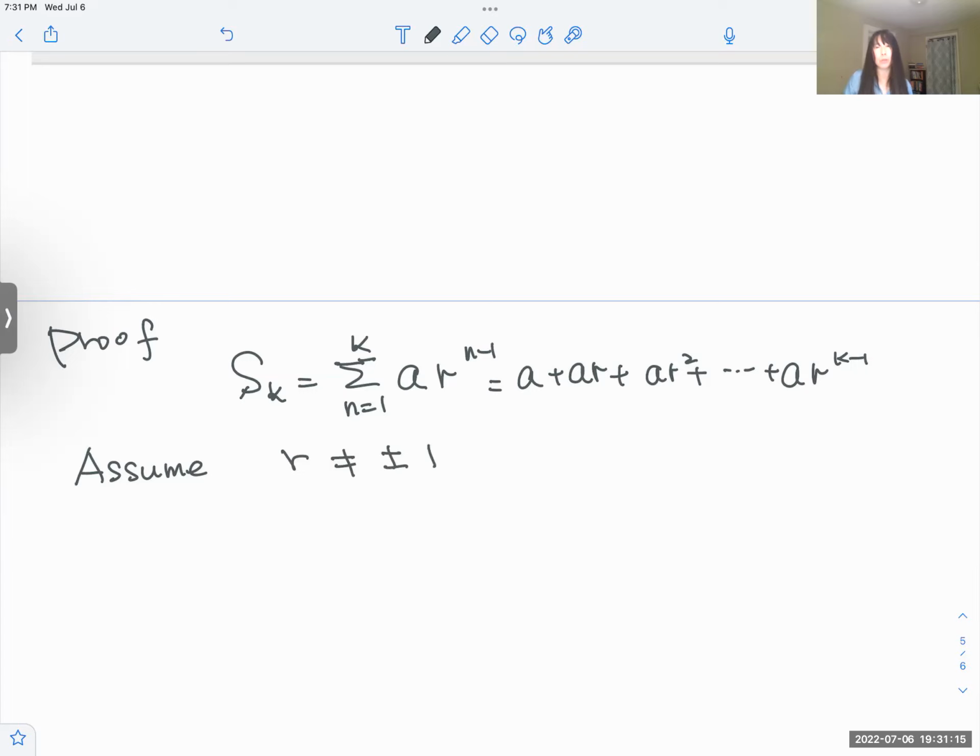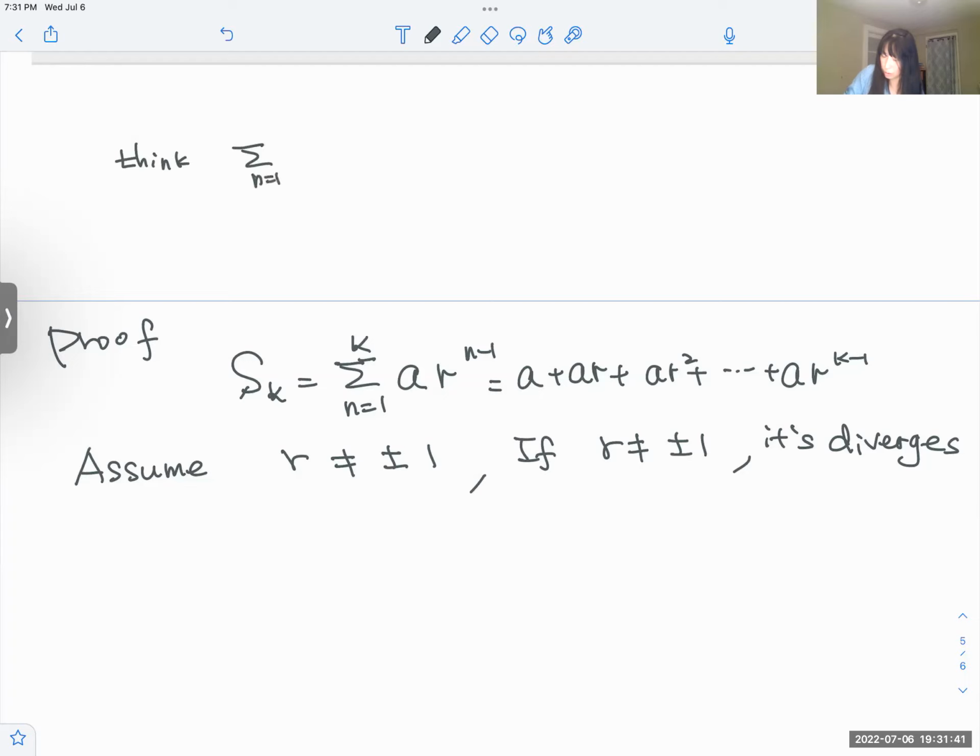Okay, if r equal to plus minus 1, then we get divergent.